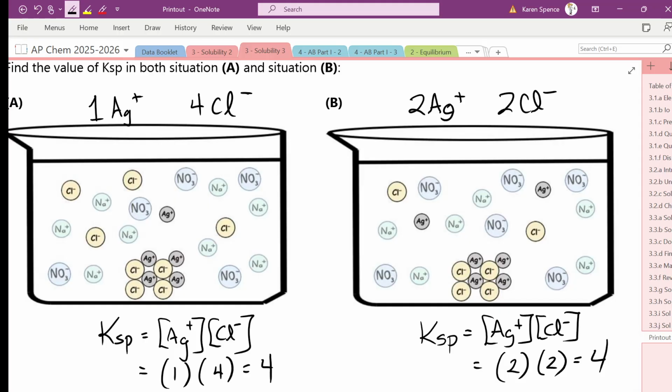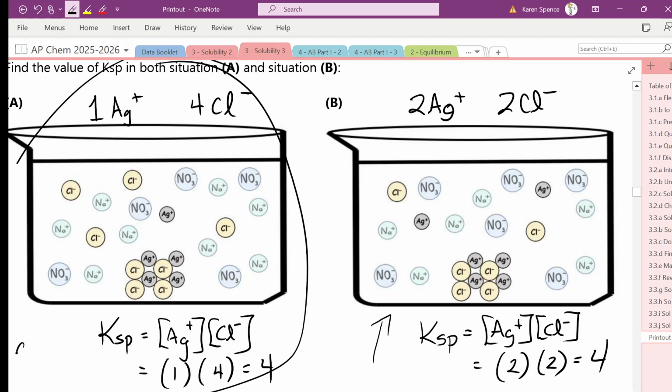But if I'm mixing 2 solutions, what are the chances that I'm perfectly going to put in the same amount of silvers as chlorides? Very low. So my chances of getting a result like this are much more likely than having them be perfectly matched. I chose these numbers because they're easy to work with.